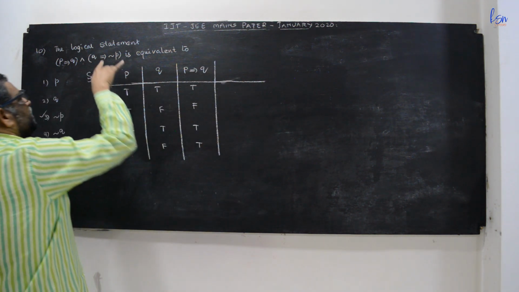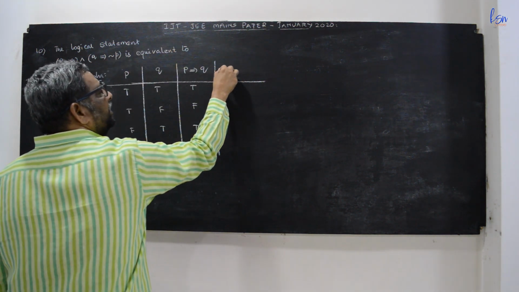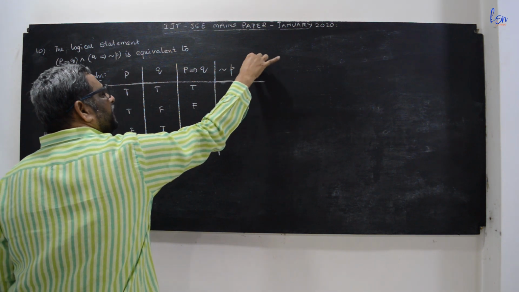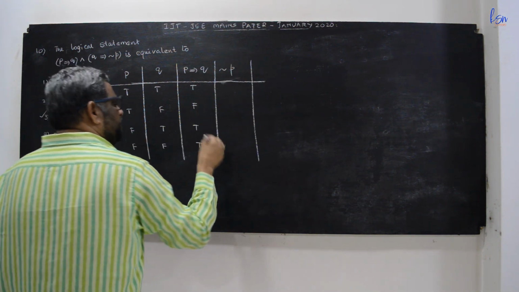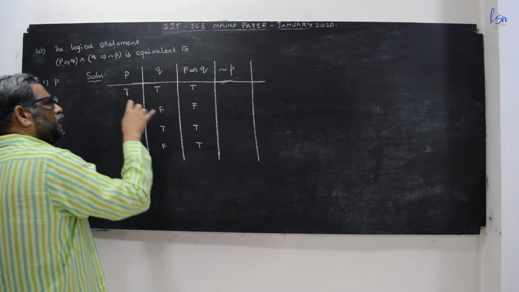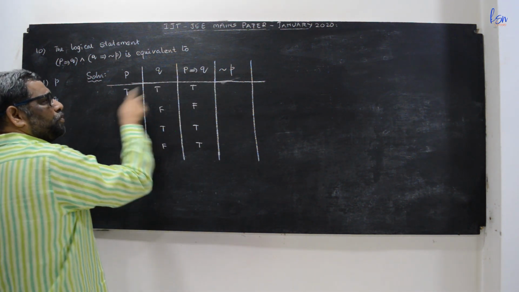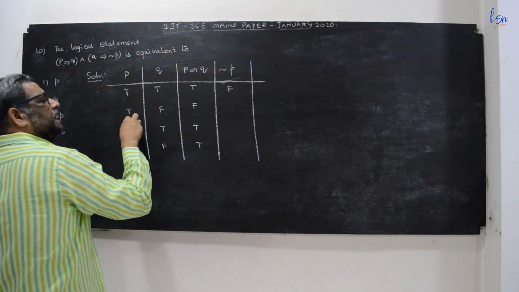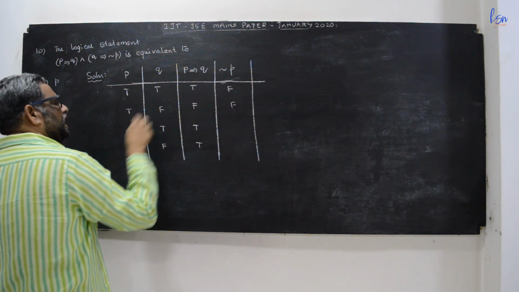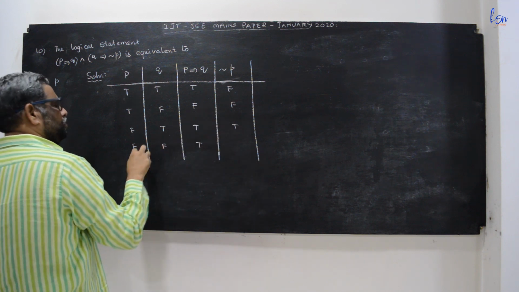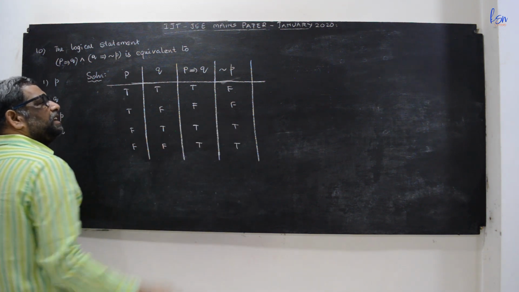Next, we'll consider negation P. Negation P means it is nothing but denying P. That means whenever P is true, negation P will be false and vice versa. So true, this is false, this is true, this is false, false, true, false, true.